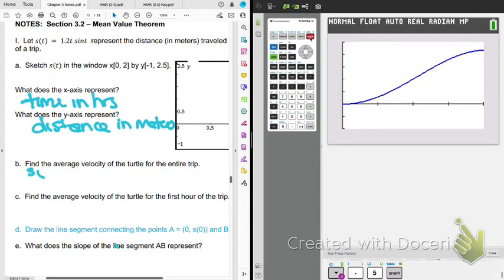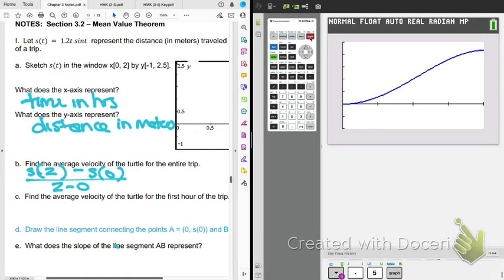S of 2, because we're going over the first 2 hours, minus S of 0 over 2 minus 0. Now, how do we do that in our calculator? Okay, go back to the calculator part. Because it's the distance over the first 2 hours of the trip. The x is going from 0 out to 2. So average rate of change is from 0 to 2.